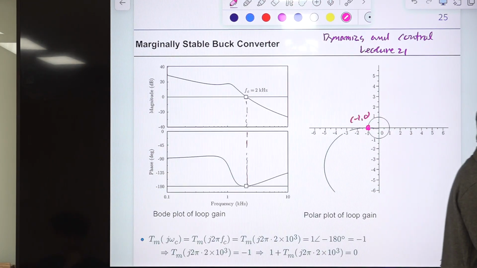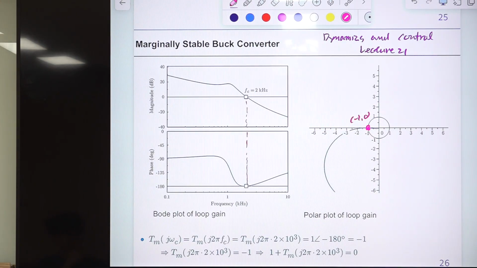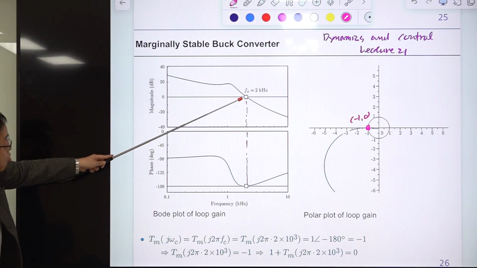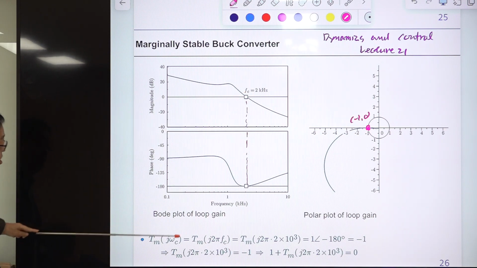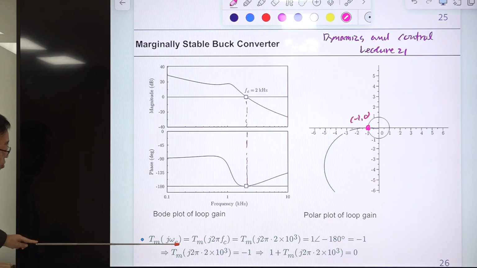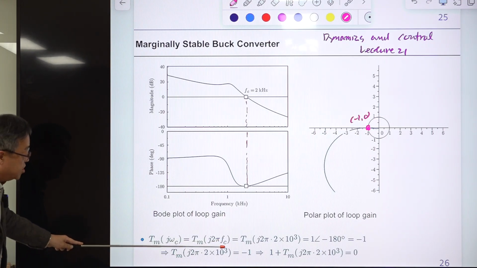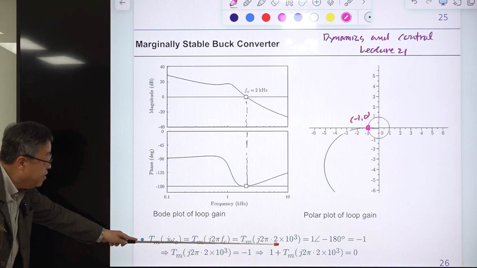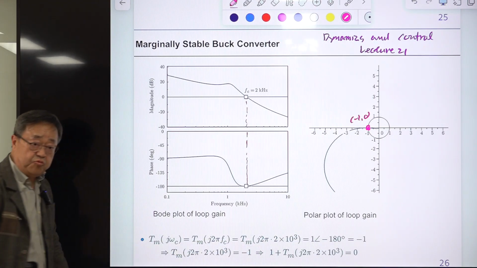Then what is the frequency of oscillation? To explain that, the loop gain is evaluated at this omega c frequency. This is in hertz, but we are talking about radians per second. At j omega c, at 2 pi times fc, the magnitude is 1 and the phase is minus 180.